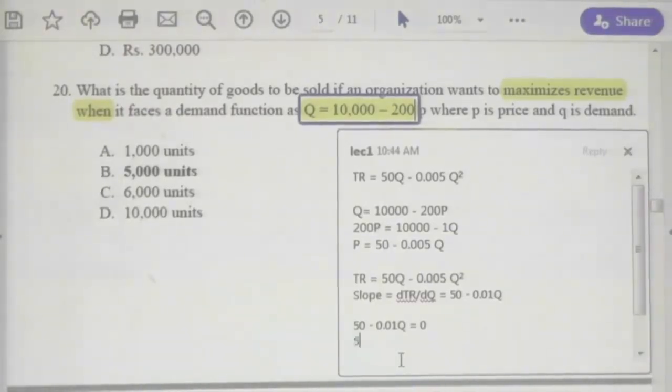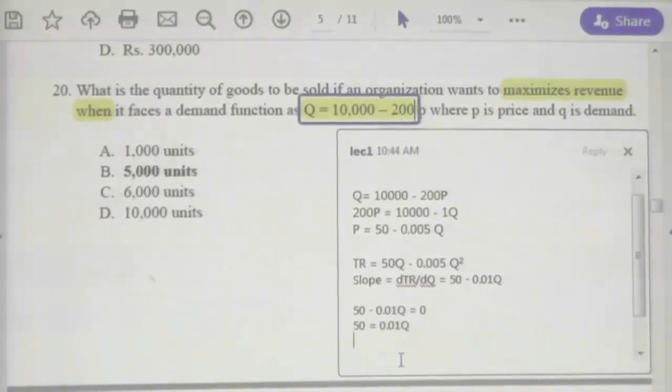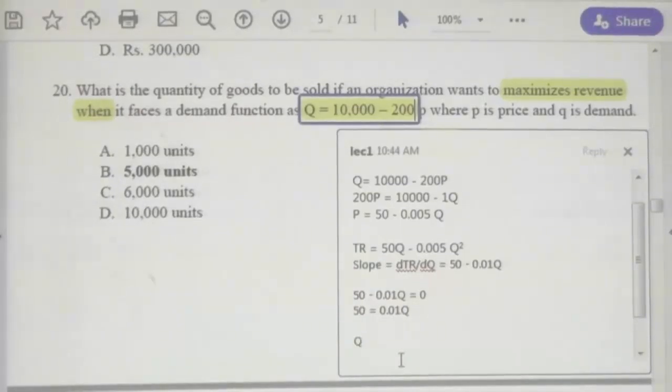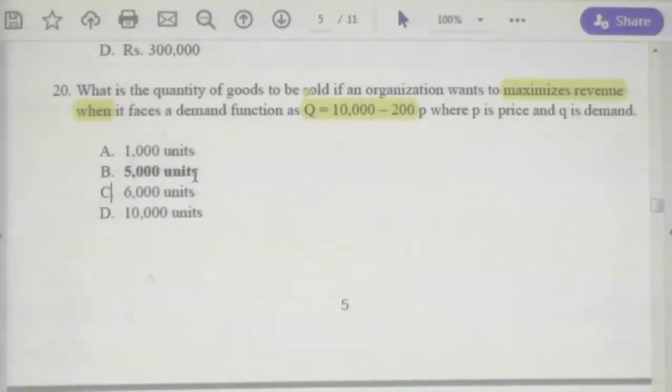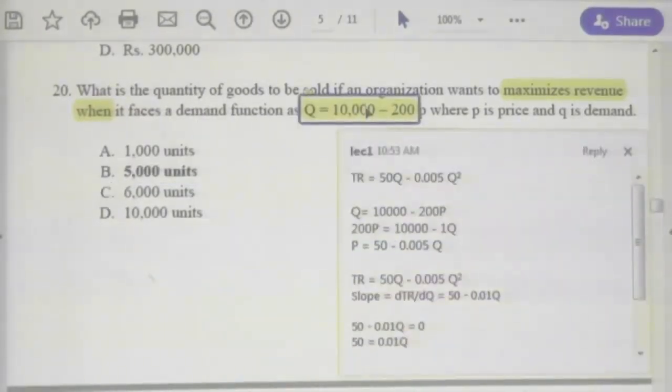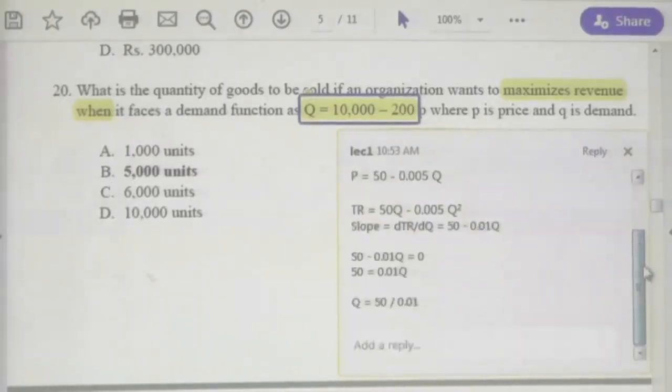Therefore, we can say 50 equals 0.02 Q. Therefore, Q equals 50 divided by 0.01, that is 5000. The answer is 5000. That's how we have arrived at the answer.